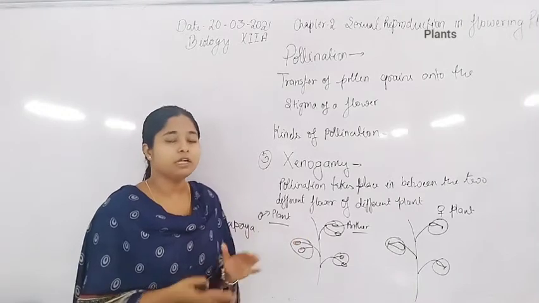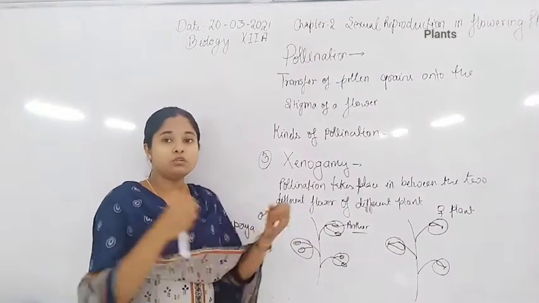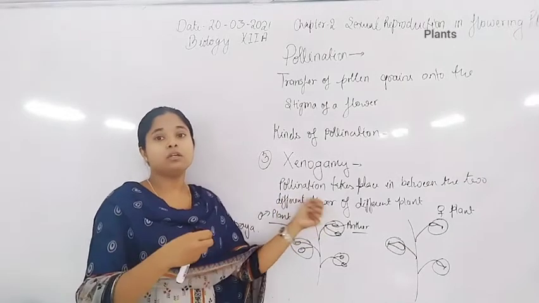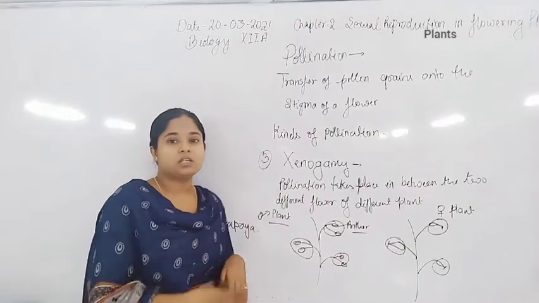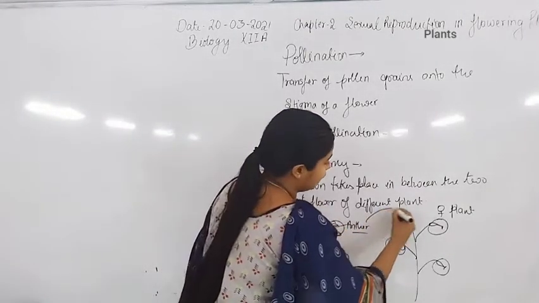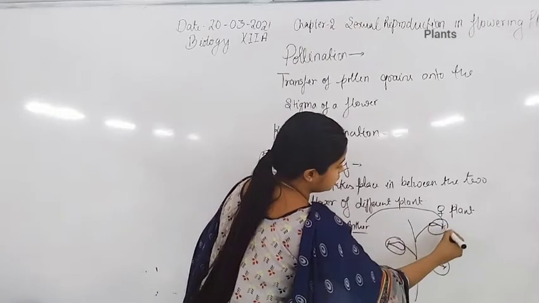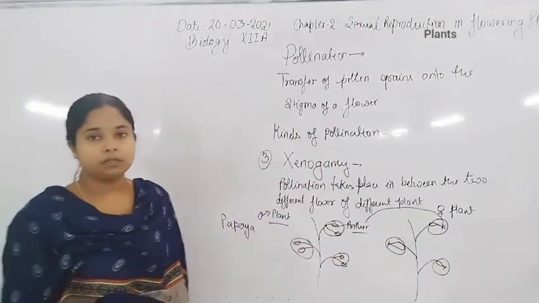But what happens if the male and female reproductive parts are present on two different plants? Then they only show the xenogamy type of pollination, in which the anther of one flower transfers onto the stigma of a flower of the second plant.